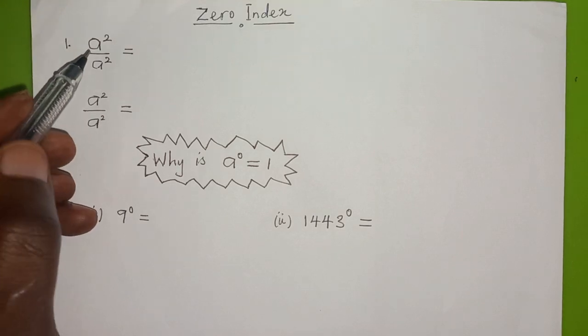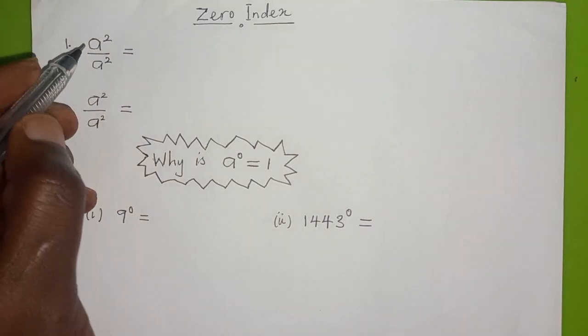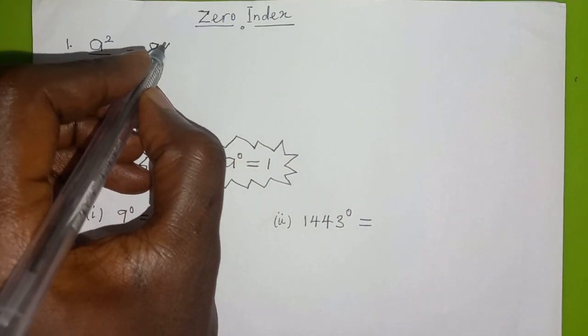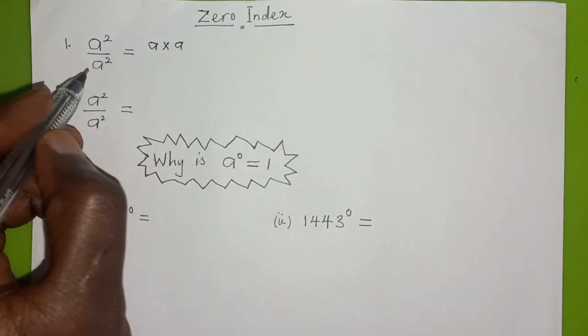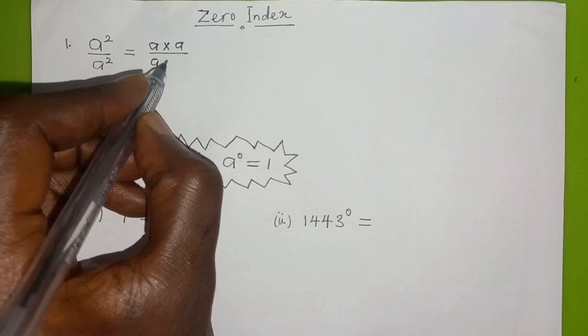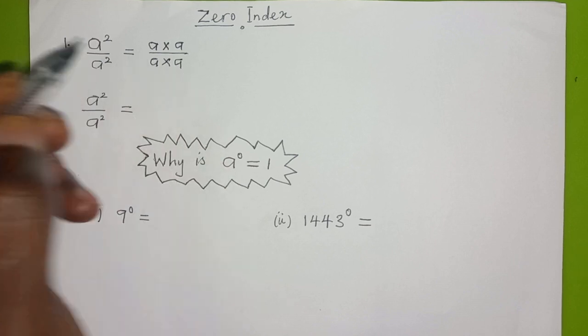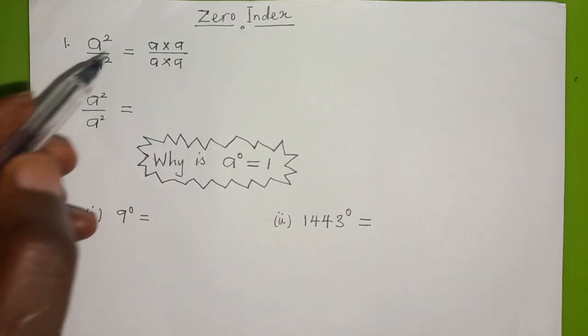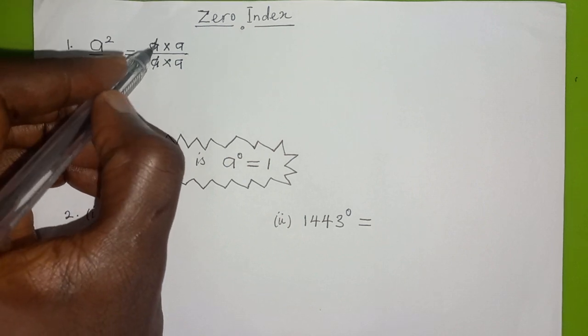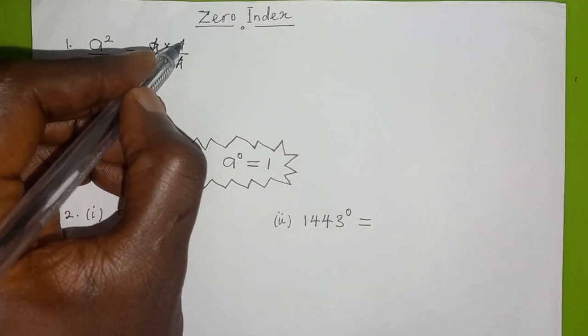So in the first case, we can express the numerator as a by a, over the denominator is also a by a. Now, these a's can actually cancel each other out.